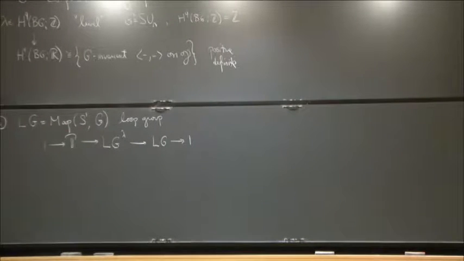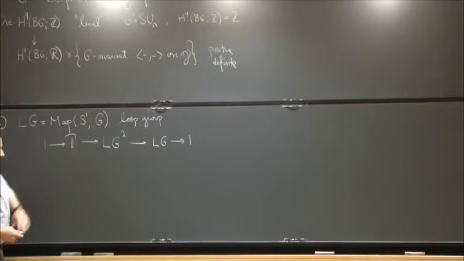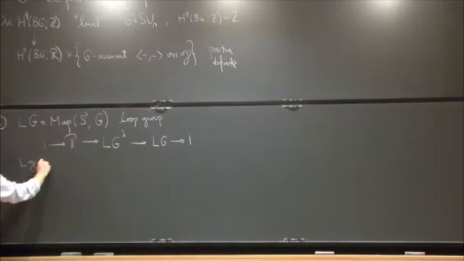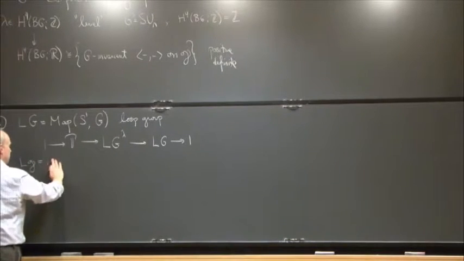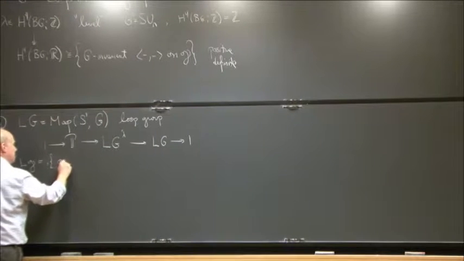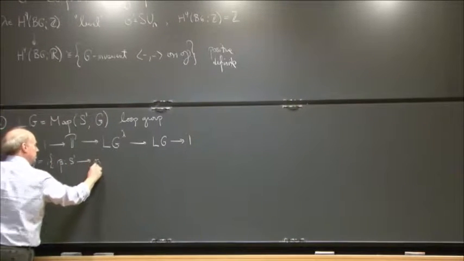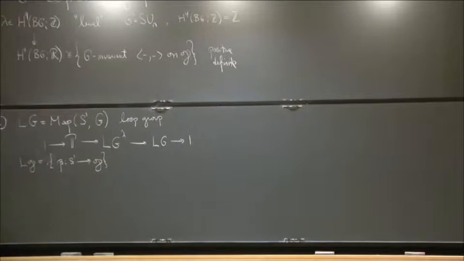Okay, so there are nice geometric constructions for how you go from here to there. I won't say them now, but let me at least say something. We can say that on the Lie algebra level, we also get a central extension. If I call this the Lie algebra, which are the maps beta from the circle into the Lie algebra of G, then we get a 2-cocycle.